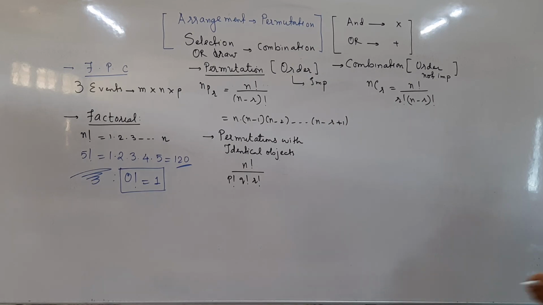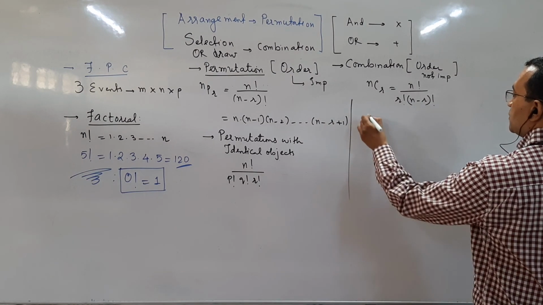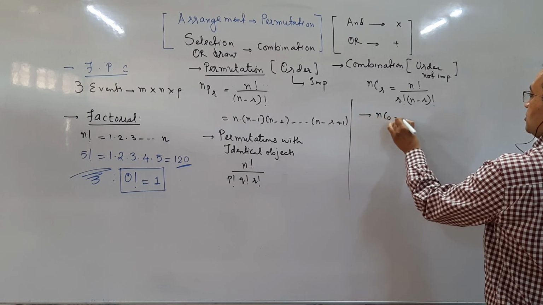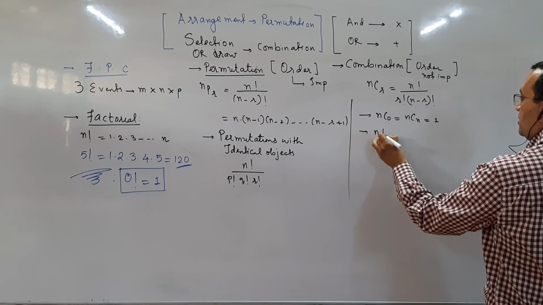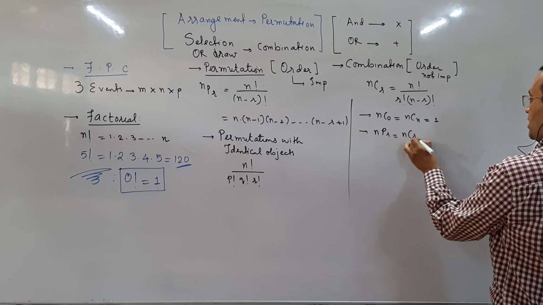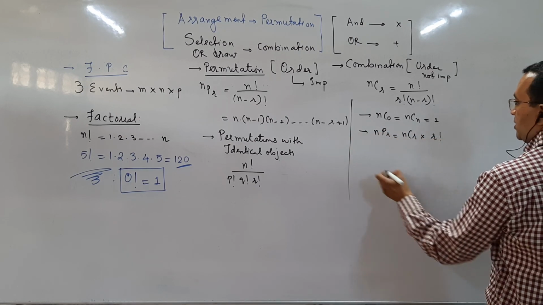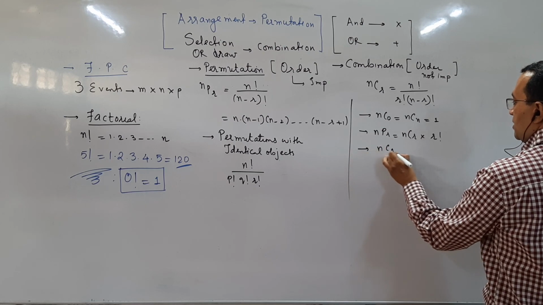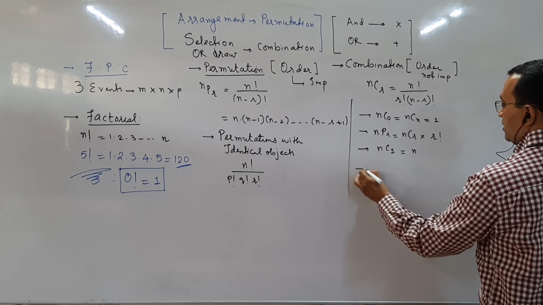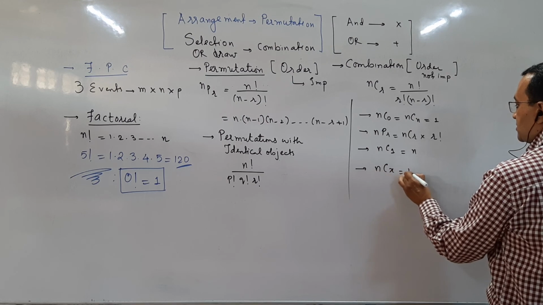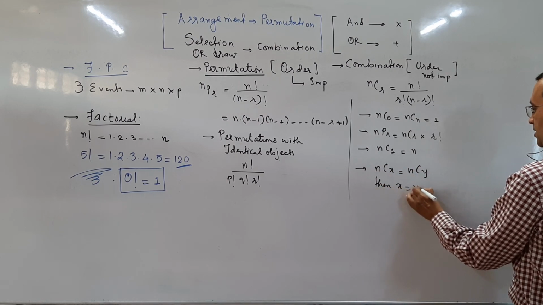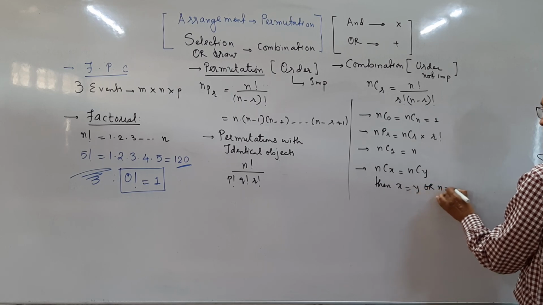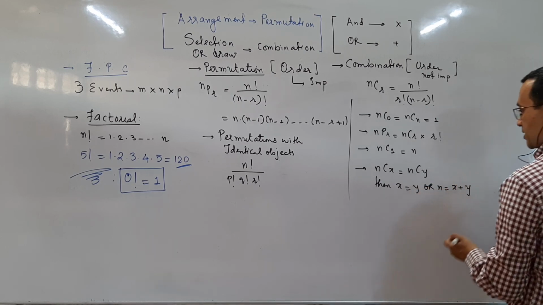Order not important. Basic formulas of combination: nC0 is equal to nCn is equal to 1. nPr is equal to nCr into r factorial. nC1 is equal to n. If nCx is equal to nCy, then x is equal to y, or n is equal to x plus y.